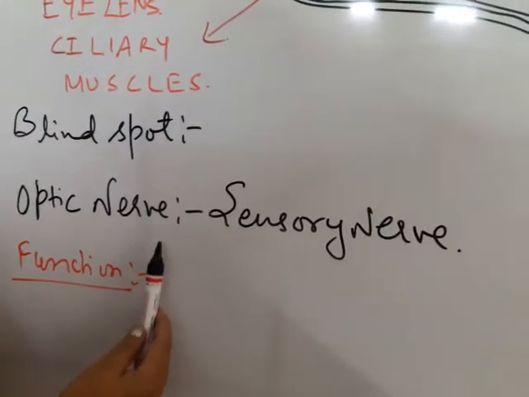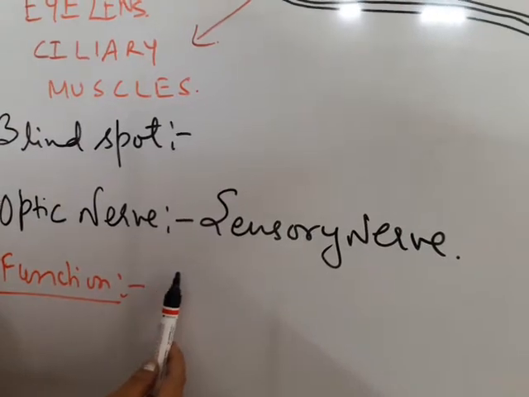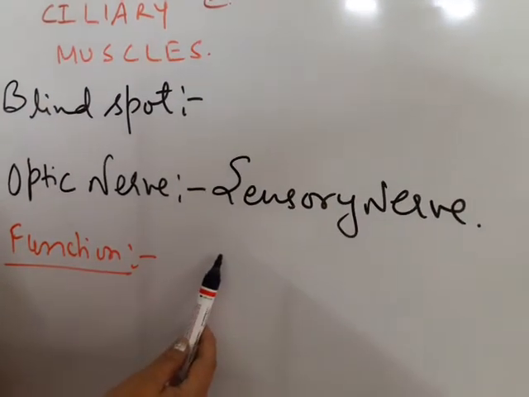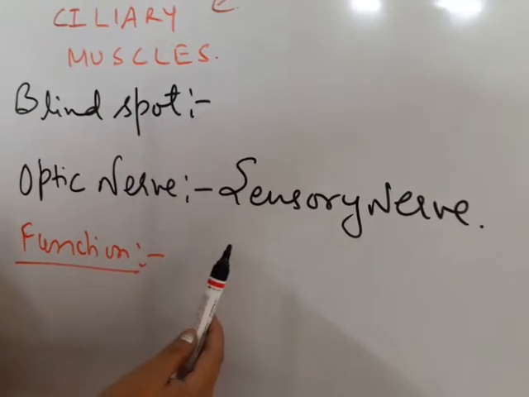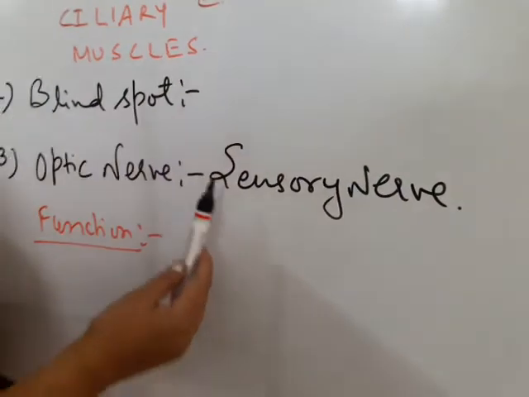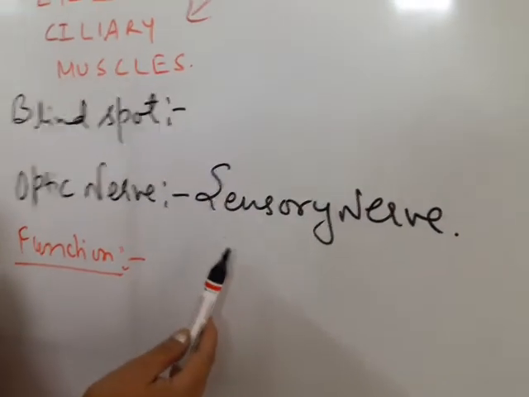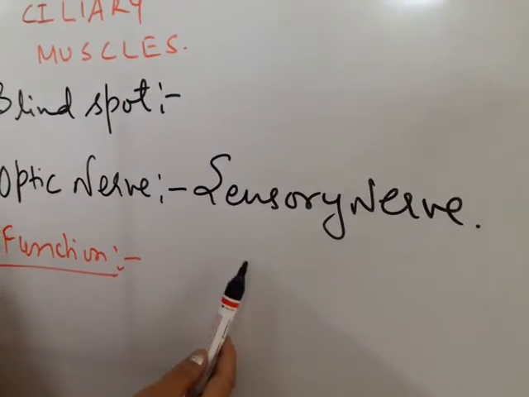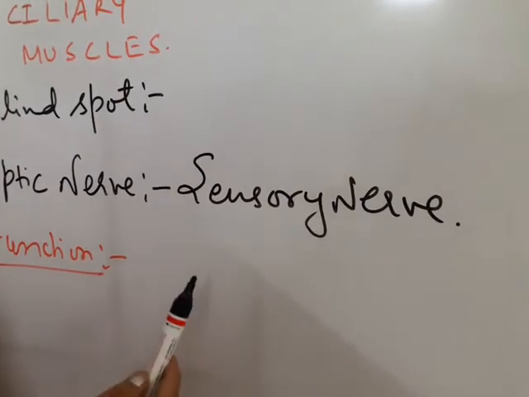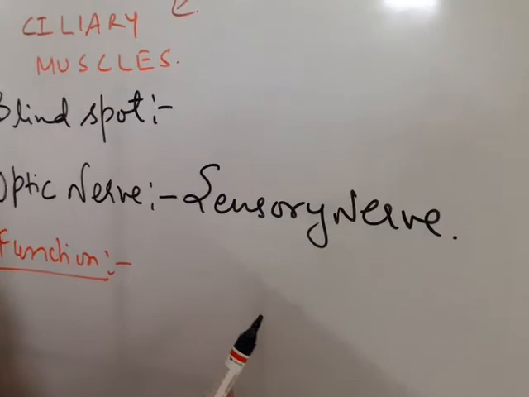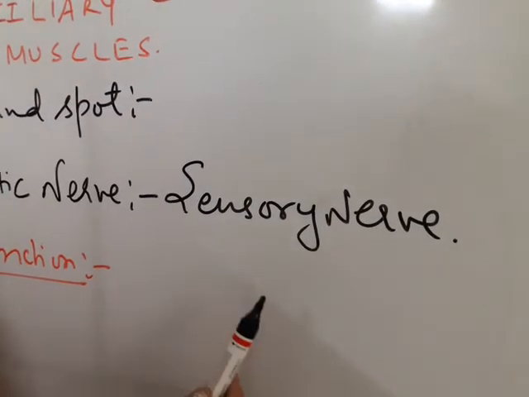The function of the optic nerve is that it takes the message from the eye to the brain in the form of electrical signals, and the brain interprets the message. The message taken is in the form of a real and inverted image. The brain interprets the message and makes it virtual and erect.